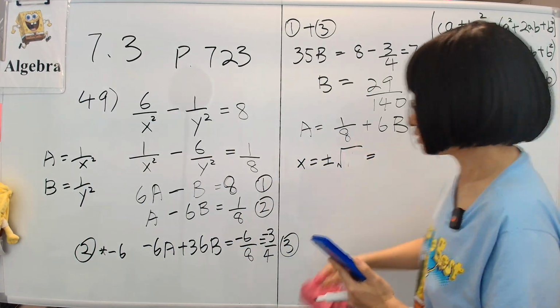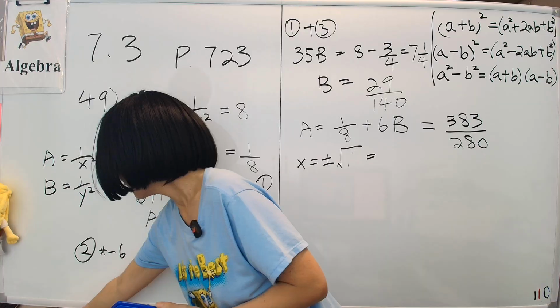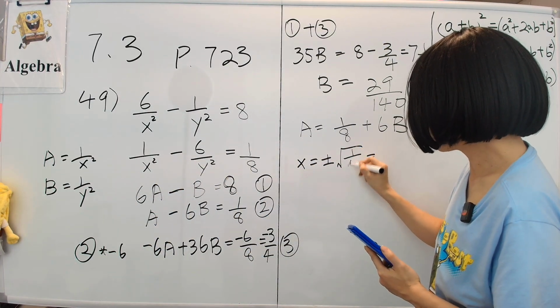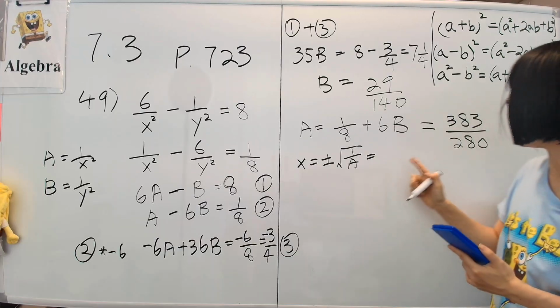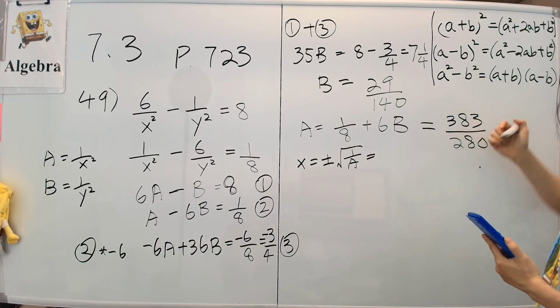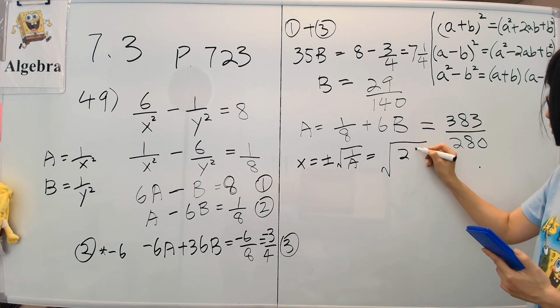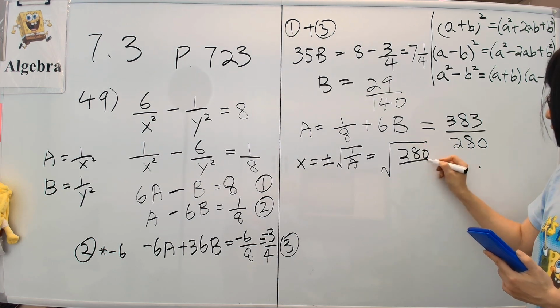So 1 over square root of a. And that 1 over square root of a is the square root of, we flip this thing around. That's square root of 280 divided by 383.